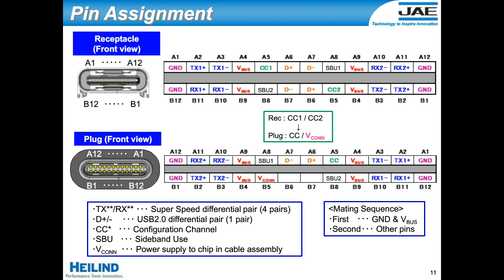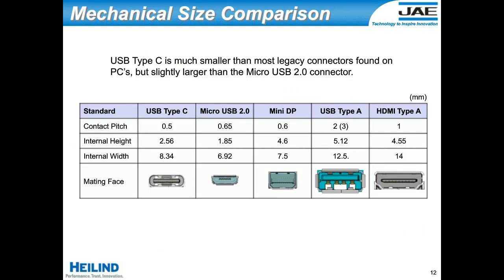And for a mechanical comparison, it's kind of hard to tell, but USB Type-C is actually a little bit bigger than what became the standard for compact portable devices, the micro USB connector, but it is still significantly smaller than your traditional ports that you'll find on a laptop computer, like your mini DisplayPort, USB Type-A connectors, and also the HDMI style connectors.